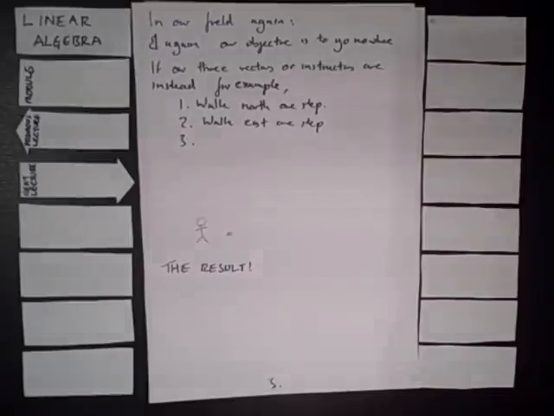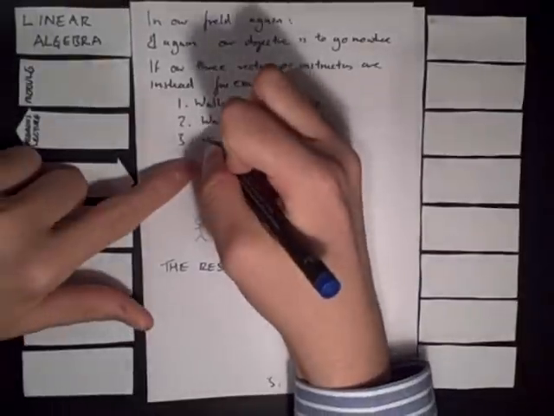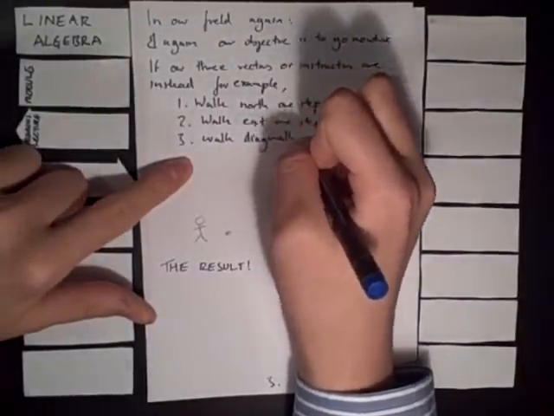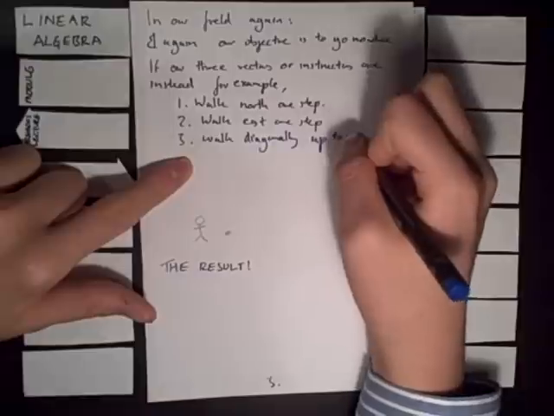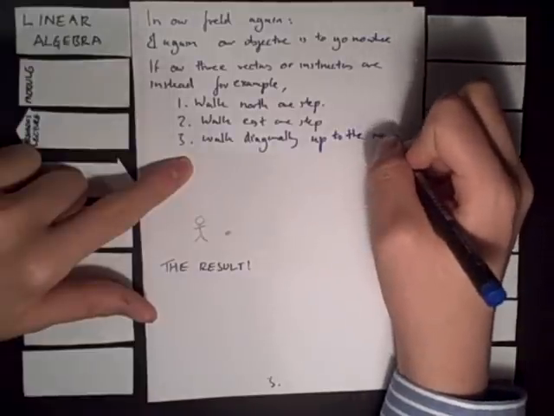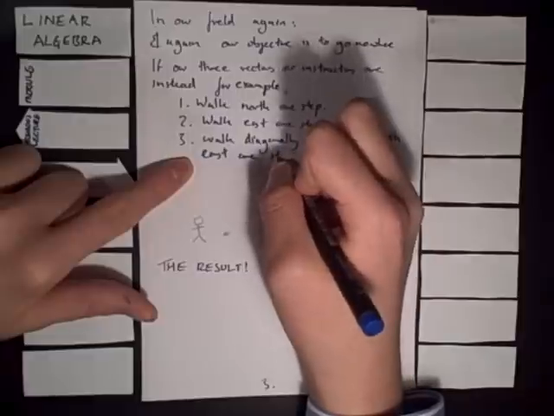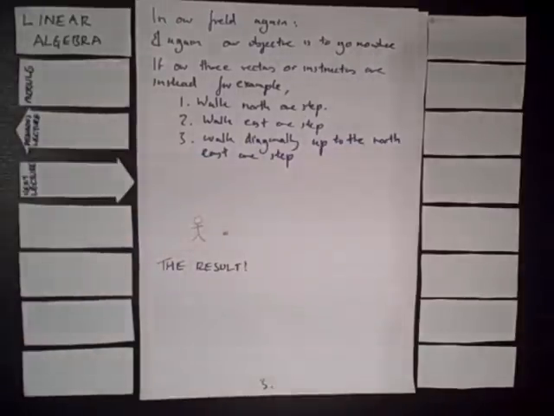And the third is to walk diagonally up to the northeast 1 step. Now all of a sudden we can go nowhere, but still actually follow at least some of the instructions. How? Well, let's see it in a diagram.